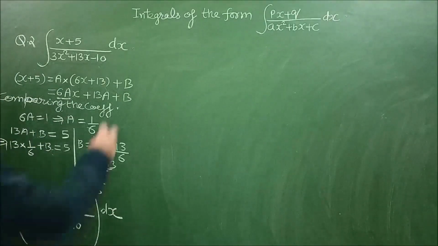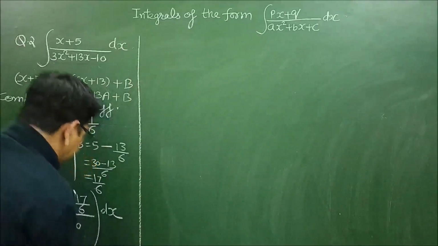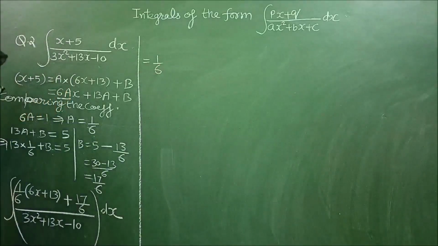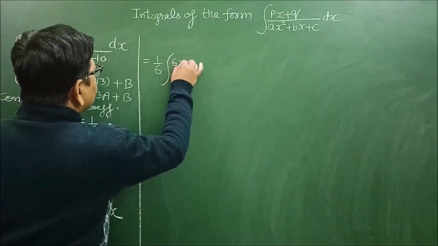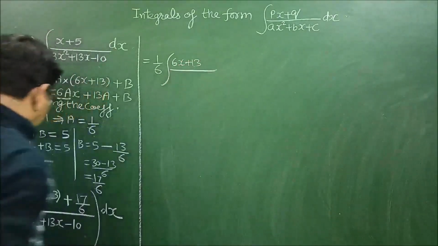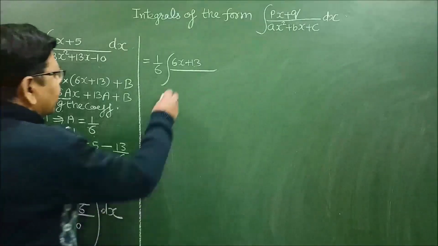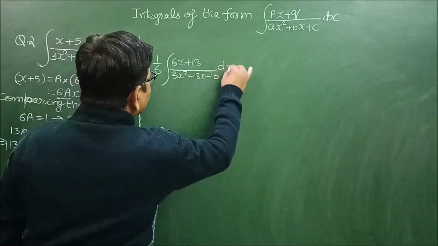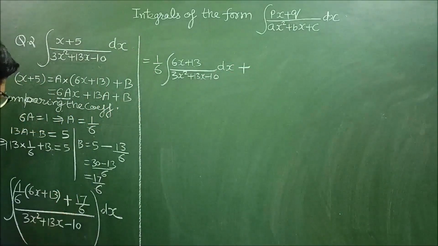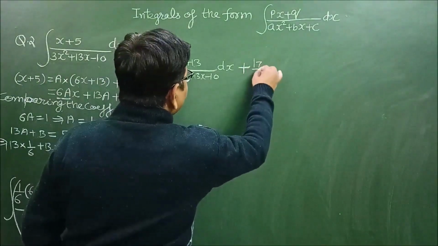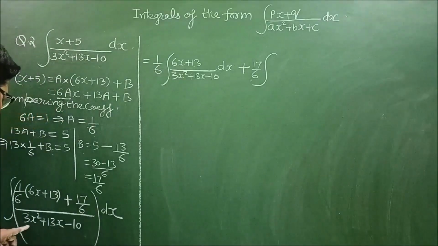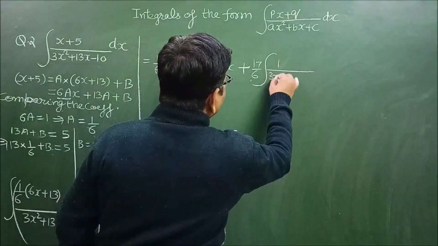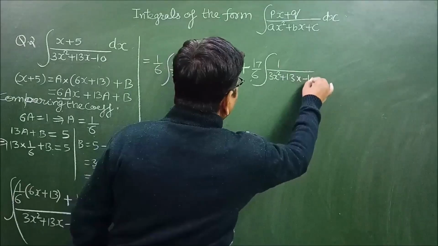Now separating these integrals, this is equal to 1/6 integral of (6x + 13) upon (3x square + 13x minus 10) dx plus 17/6 integral of 1 upon (3x square + 13x minus 10) dx.